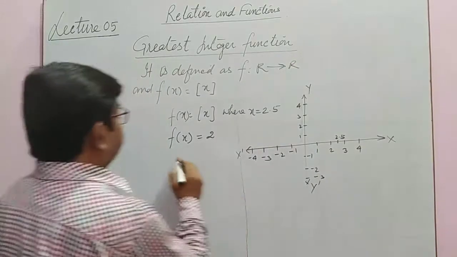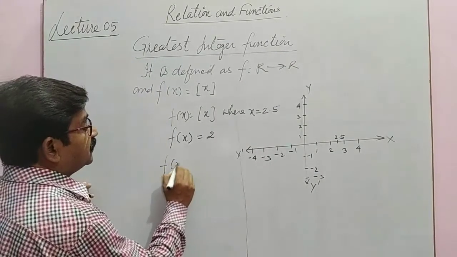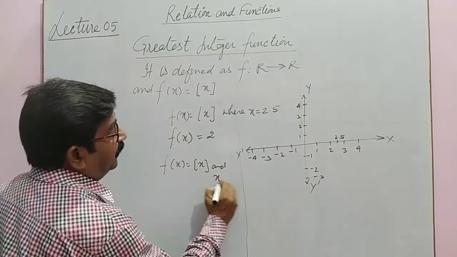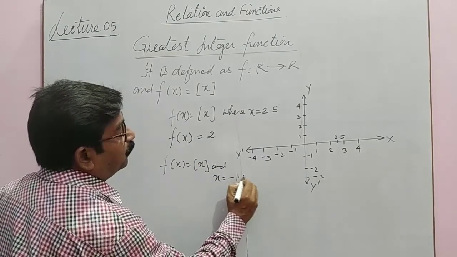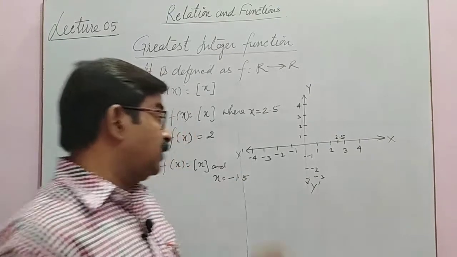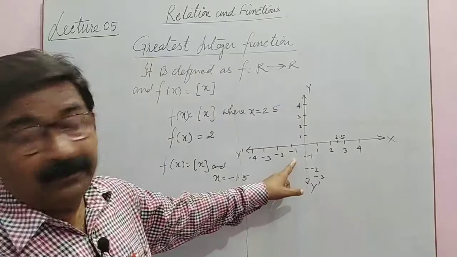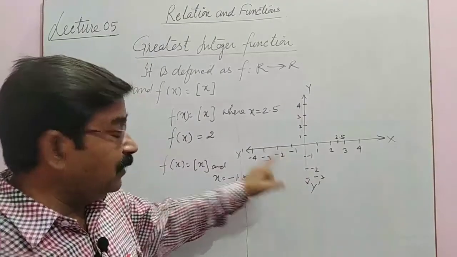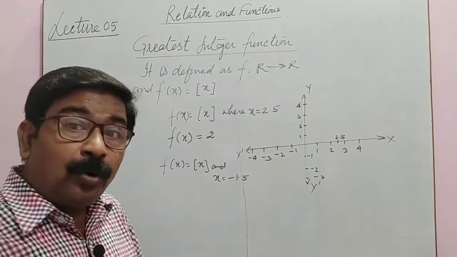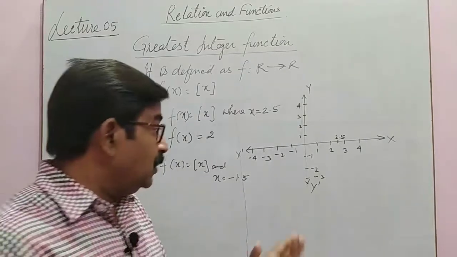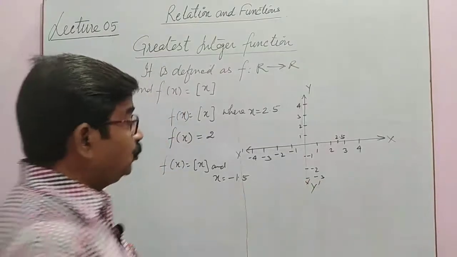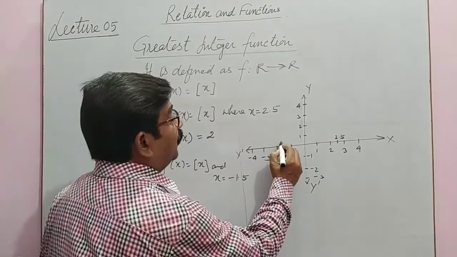Suppose I am taking f(x) is equal to the greatest integer of x, and x is equal to minus 1.5. Now see, minus 1.5 is between minus 1 and minus 2. So what is the integer just to the left of minus 1.5? You will see here minus 1.5 is here.